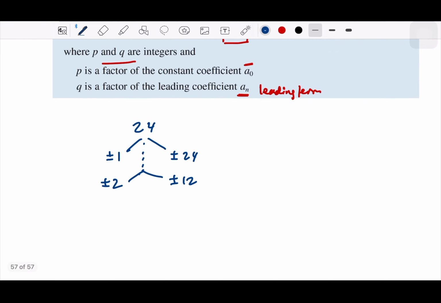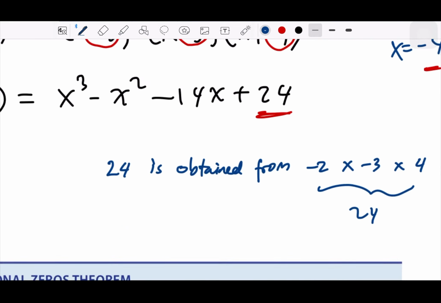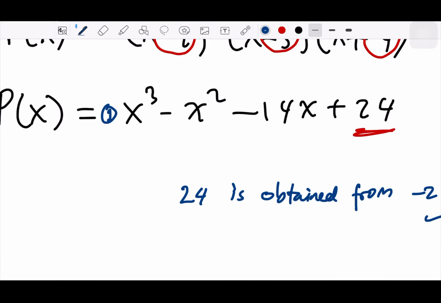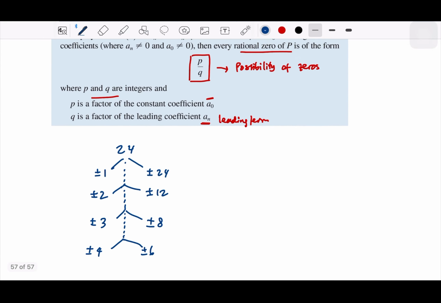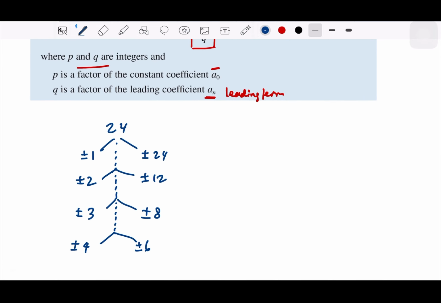And then we can also have 3, and 4 and 6. And since the leading term is only 1, we only concern ourselves with the p, sorry, p. So all these numbers will be candidates for zeros.